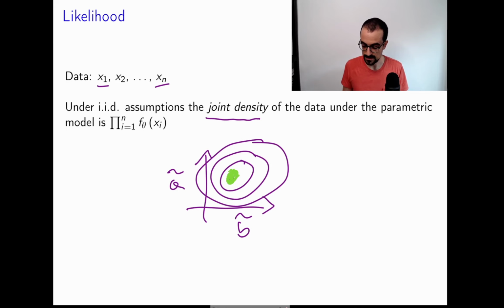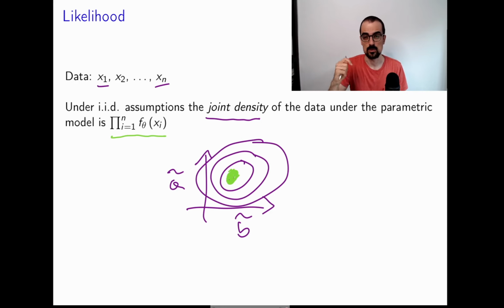So it just so happens that if the random variables are independent and they have the same individual densities, then the joint density is just going to be the product of the individual densities. For the PMF, this was easier to see, right? Because the PMFs are probabilities, so under independence, the joint probability, which was just the intersection of all the probabilities corresponding to each individual random variable, just factored into the product of the probabilities.